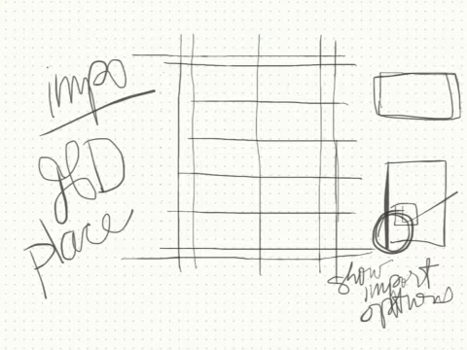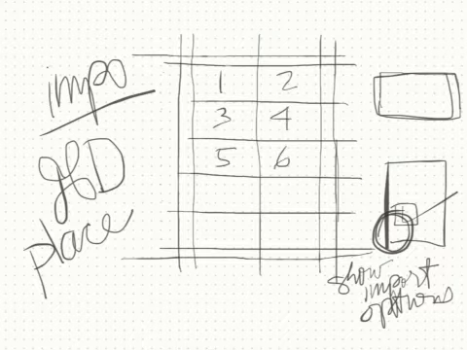In our impo document we have 2 pages that look like the one I have sketched out because we need room for that many cards. And then we go to show import options. It's going to go 1, 2, 3, 4, 5, 6, 7, 8, 9, 10. And on page 2 of our impo, it will be the next 10.